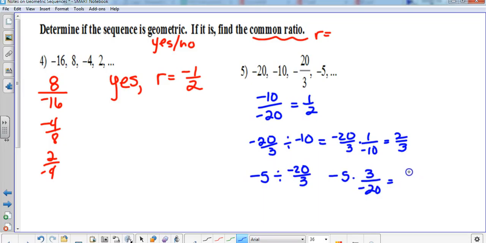That one's negative 15 over negative 20, or positive 3/4. Not geometric. So if they tell you it's geometric, you just take two terms in a row and divide them, and you figure out what the ratio is, right?